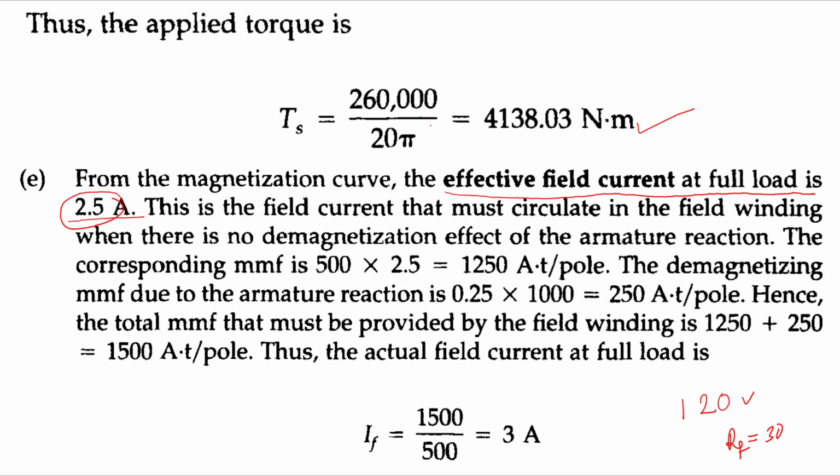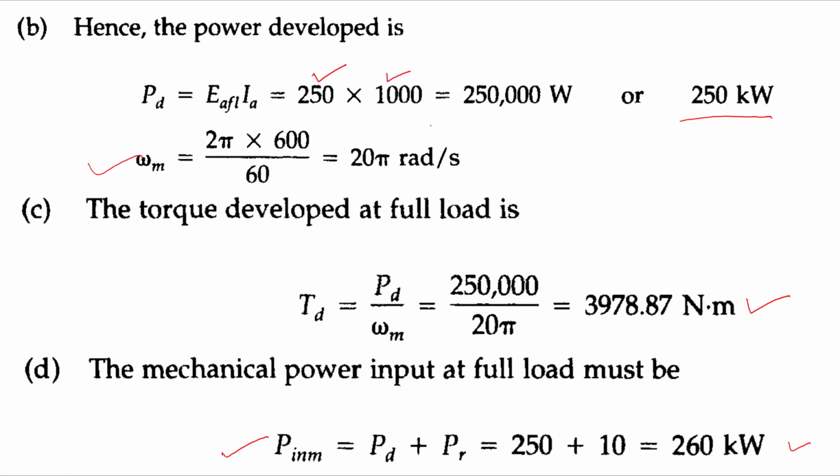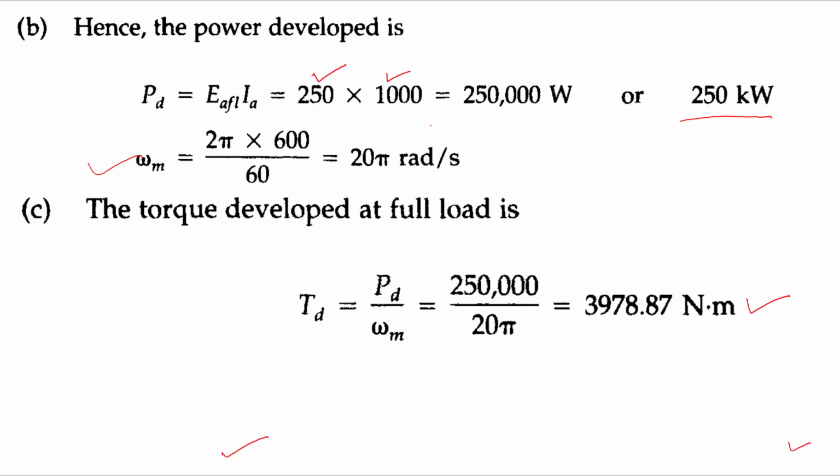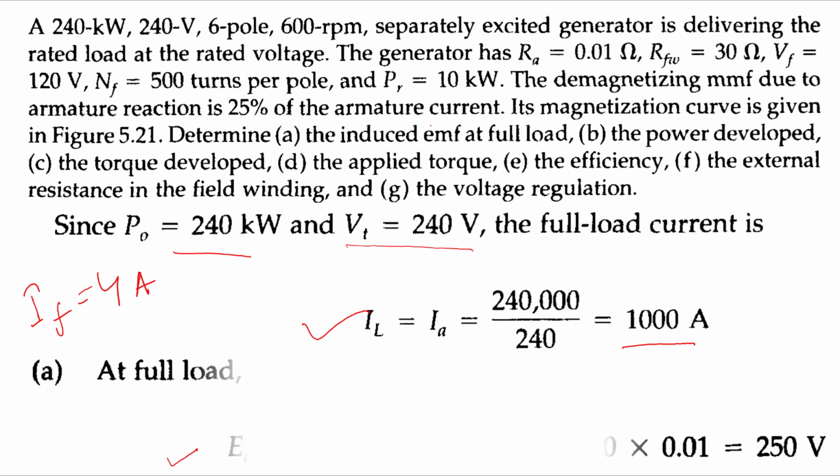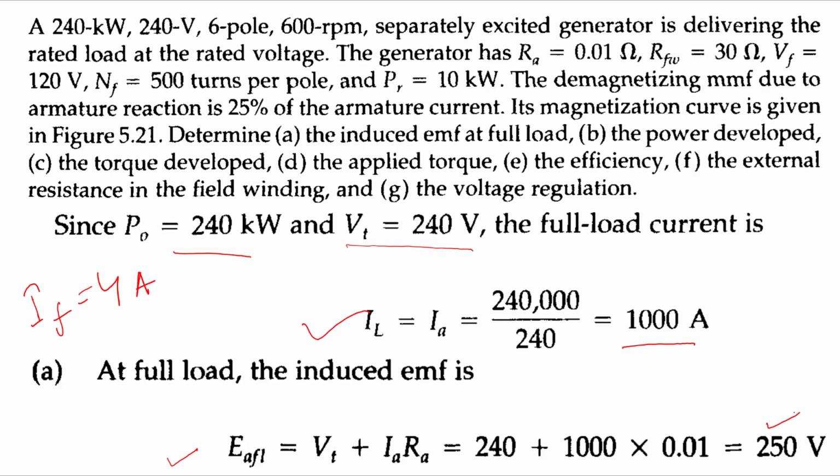No, the demagnetizing effect we will consider later, but at full load we are getting NF IF. Okay, what is the EA we are getting at full load? Based on that we'll find. So EA we got at the full load is 250 volt, right?